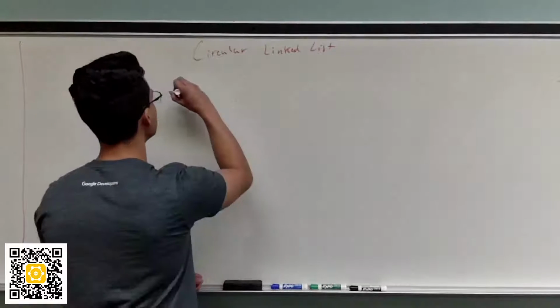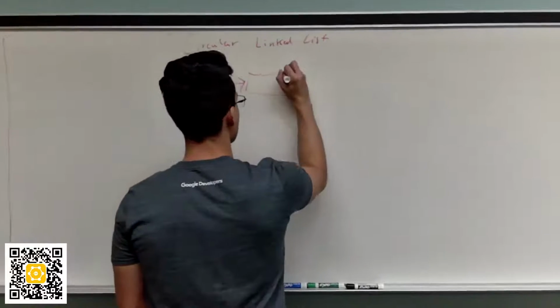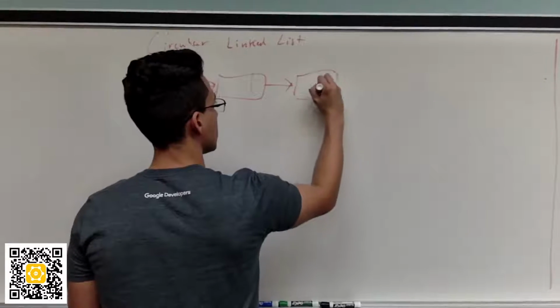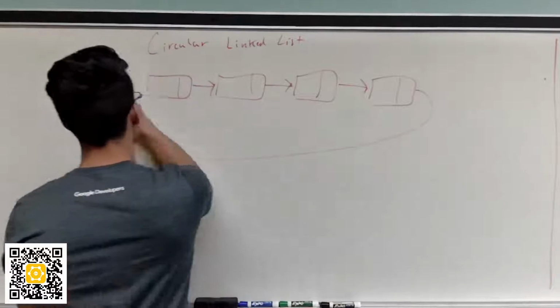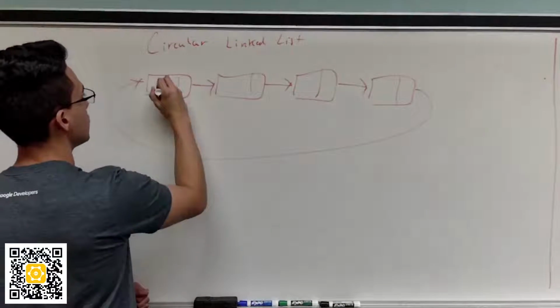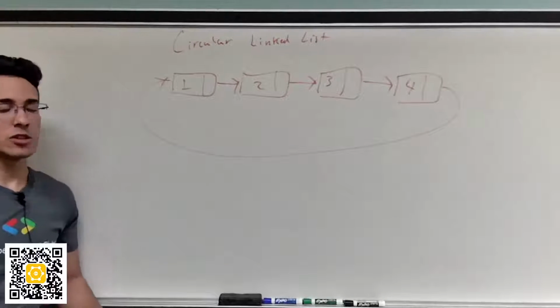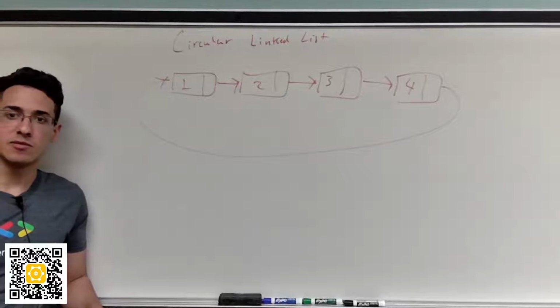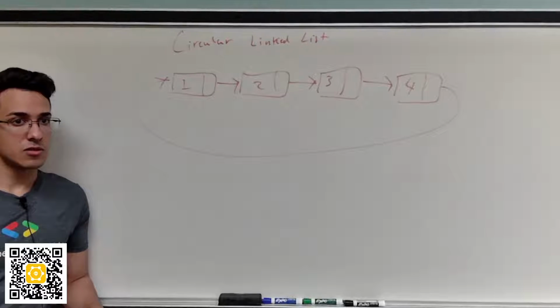Okay. So 2, 3, 4. It doesn't matter. So he said the last node will point to the head, and that's what makes it circular. Would the first need to point to the last as well?